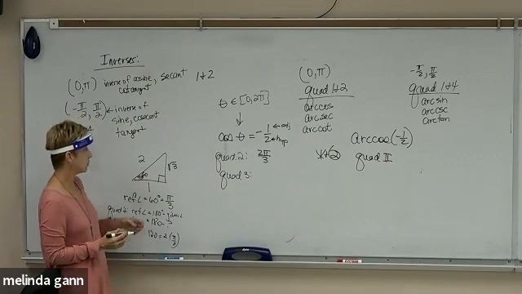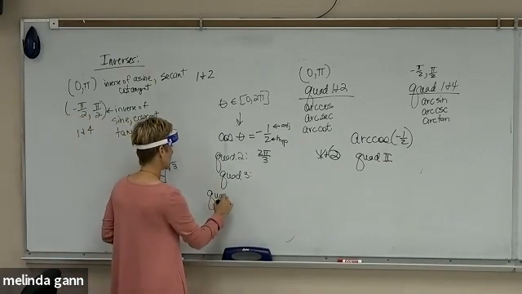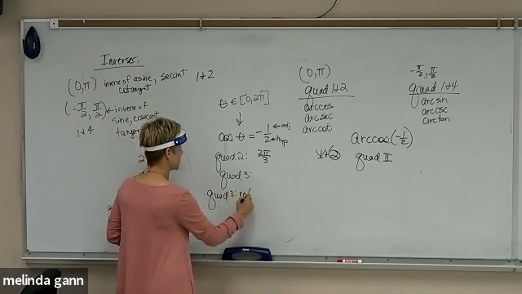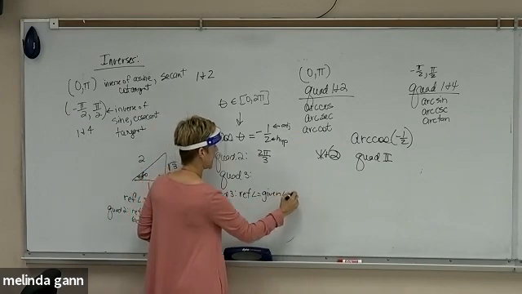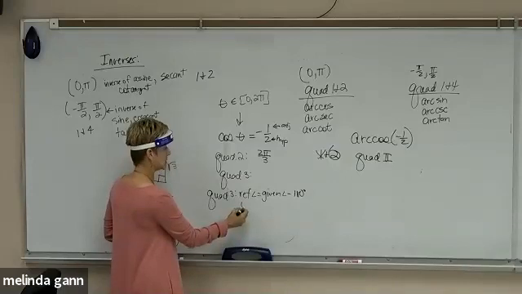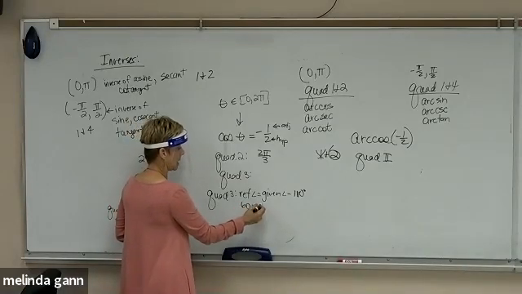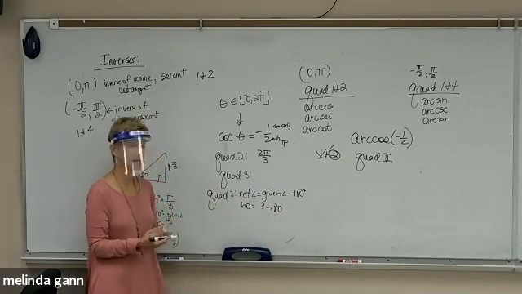Now I need my quadrant 3 answer. Well, in quadrant 3, your reference angle is your given angle minus 180. My reference angle we agreed was 60. What do you subtract 180 from to get 60?